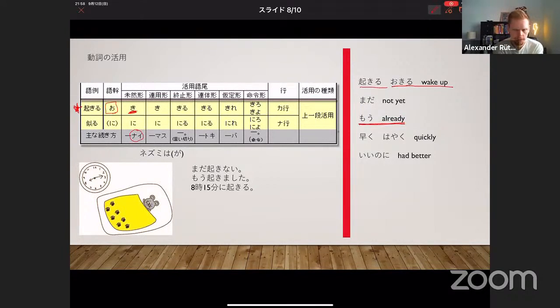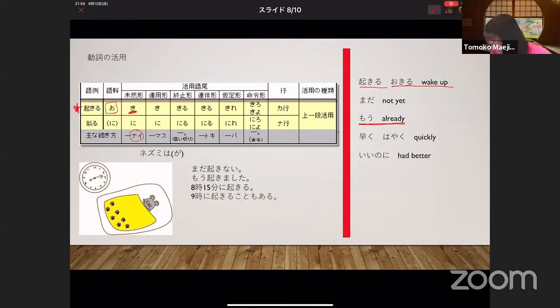You put the こともある at the very end of the sentence. ネズミは9時に起きることもある. Great.